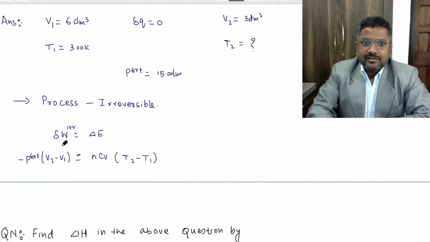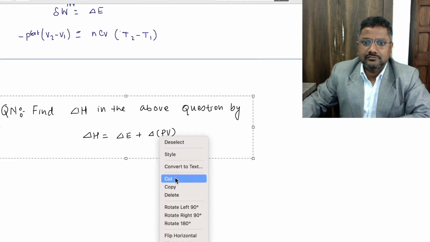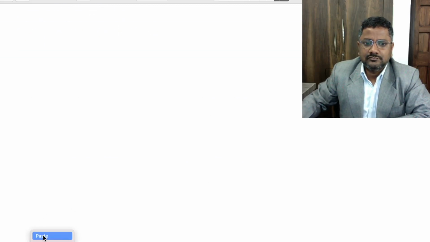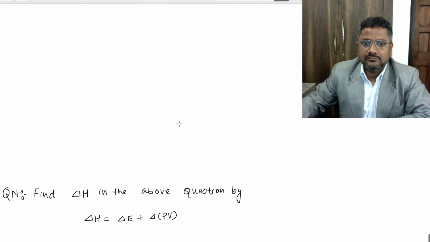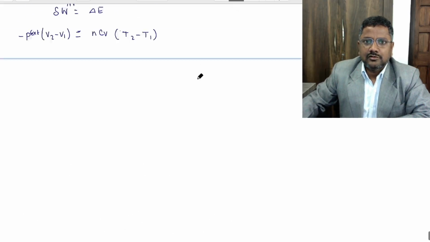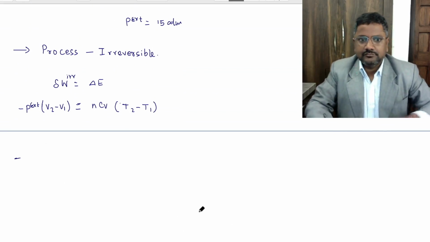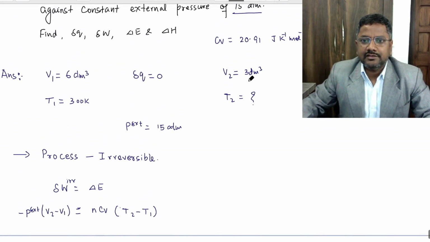See, minus P external, 15 atm, and V2 is given 3 and V1 is given.